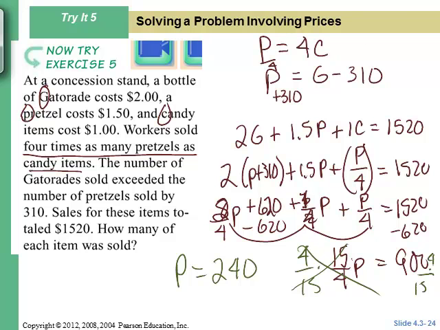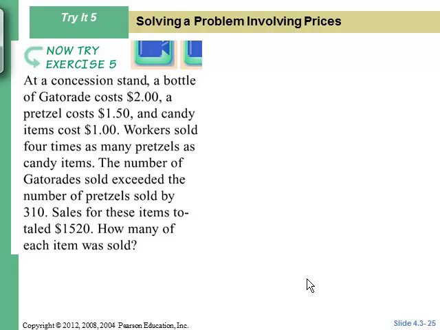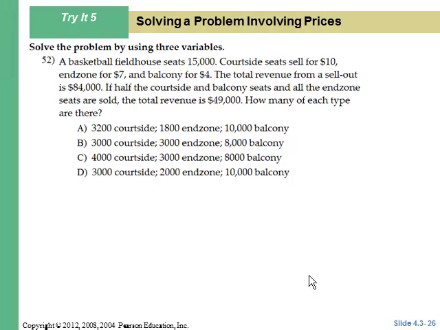Which means that candy is 1/4 of that, or 60, and add 310 to it. Gatorade's is, man, people must have been thirsty that day, 550. How many of each item were sold? All right. This one.